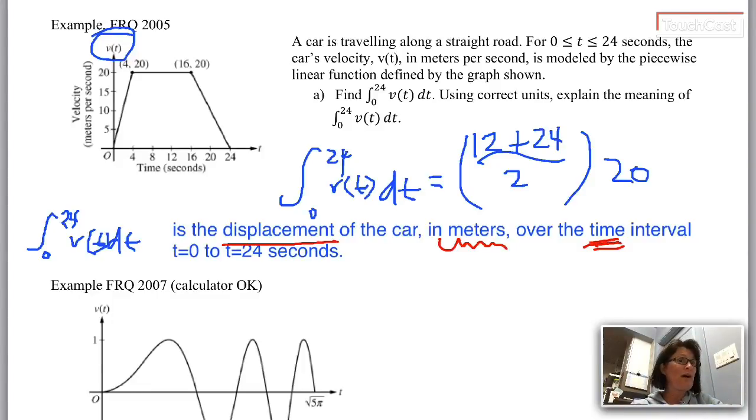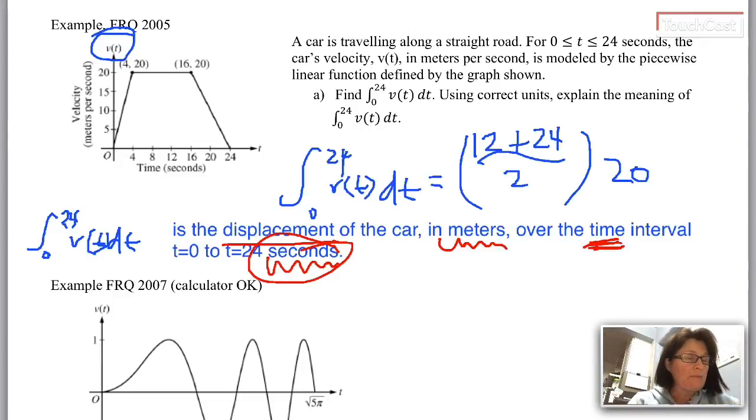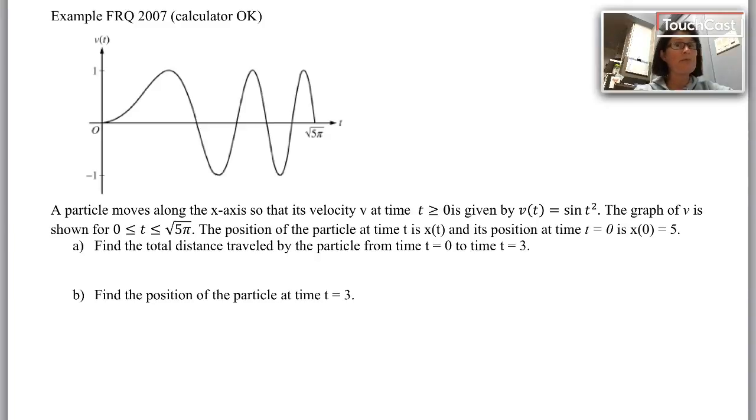So this is the second quantity, and I have to give units on that quantity. Notice I have to specify the limits on the integral. So it's not the displacement of the car over anything except this time interval specifically from 0 to 24 seconds. Make sure you have all four parts to get full credit for that answer. Most people get lazy and leave off the seconds, which is the easiest part. Don't be that person.